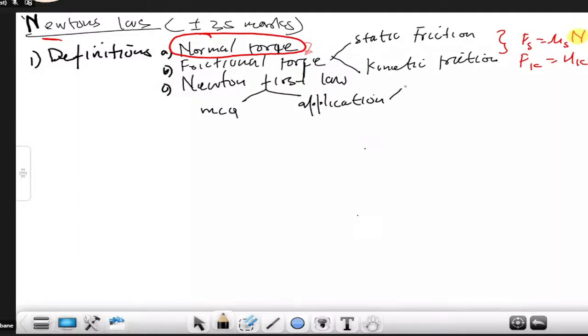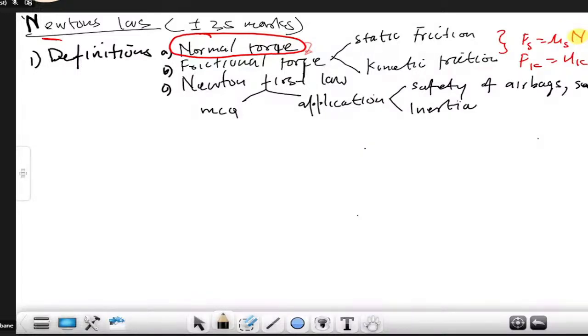The application here will be for the safety of airbags, safety of seat belts, also relating that to the first law, and maybe an issue of inertia.